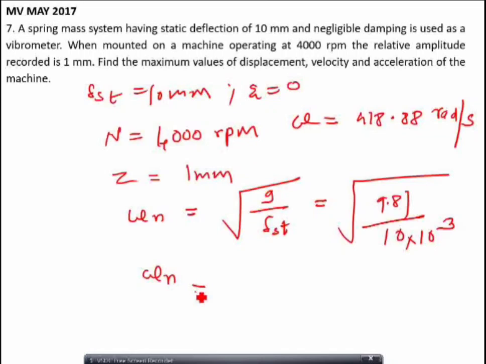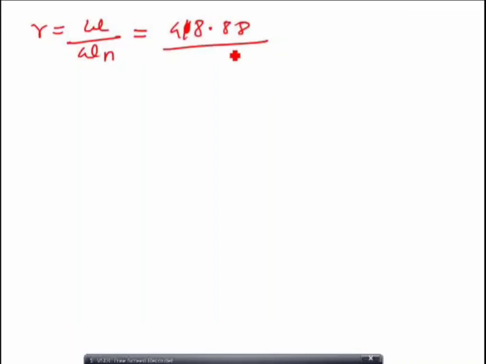So omega n I am getting as 31.3209 radian per second. Now let us find r equal to omega by omega n, which is 418.88 divided by 31.3209. So r I am getting as 13.3738. Again, it is greater than 1.